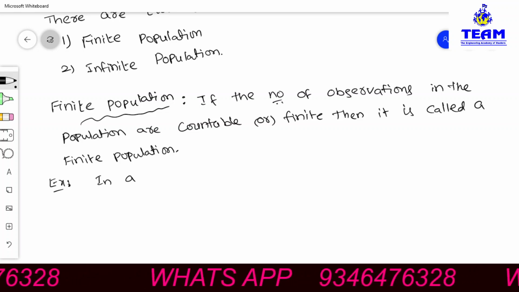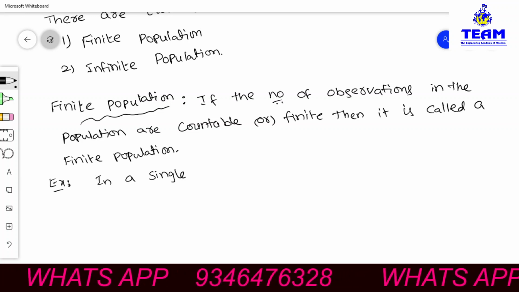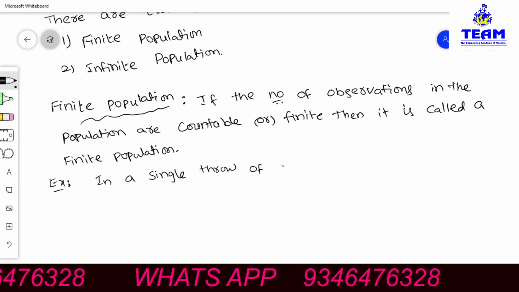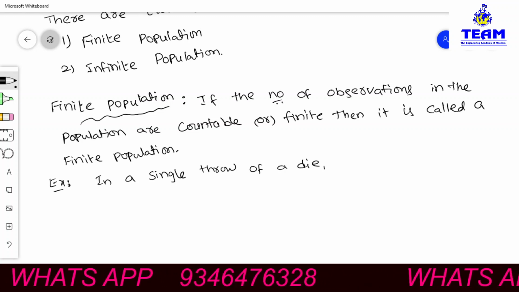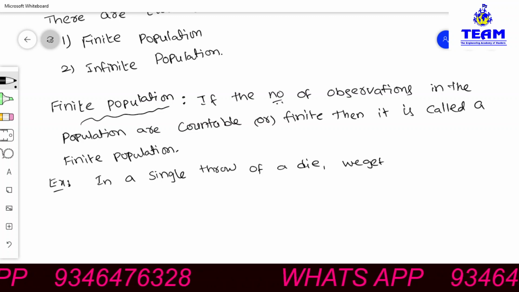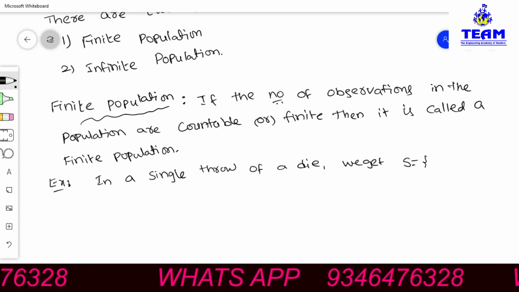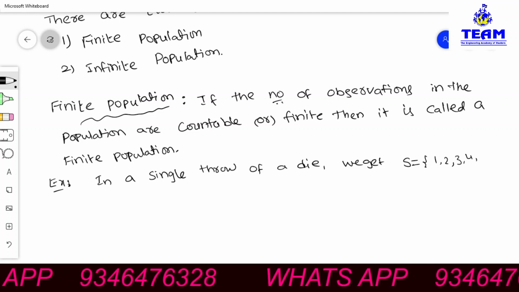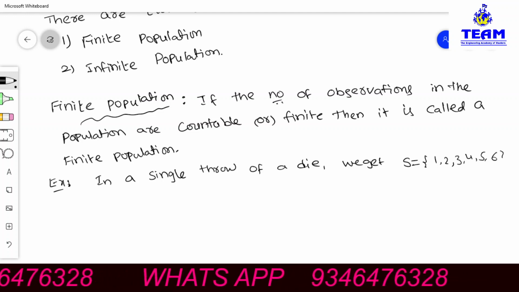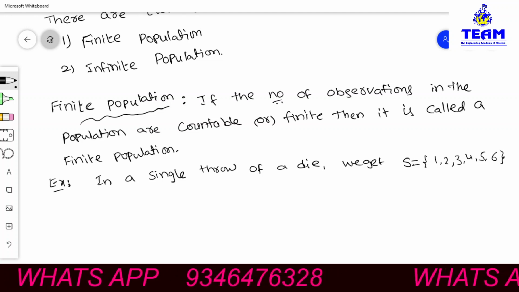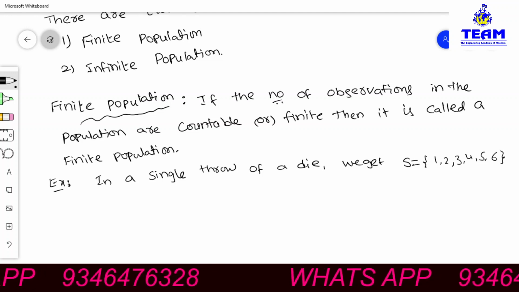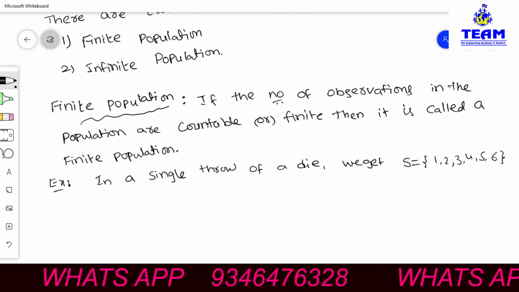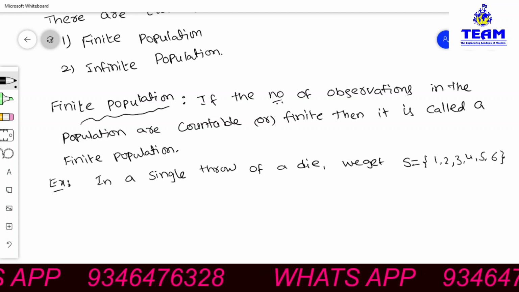In a single throw of a die, we get the sample space as 1, 2, 3, 4, 5 and 6. Of course, these sample space elements are numerals, moreover which are countable. That is, the finite number of elements are there, 1, 2, 3, 4, 5 and 6.